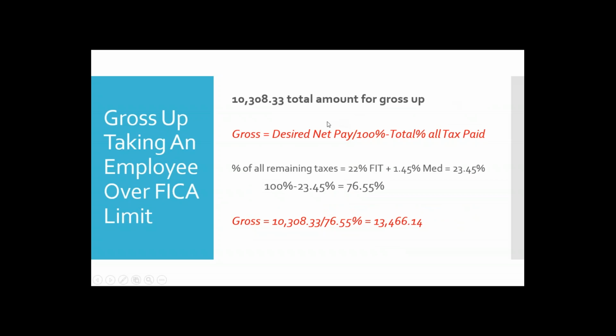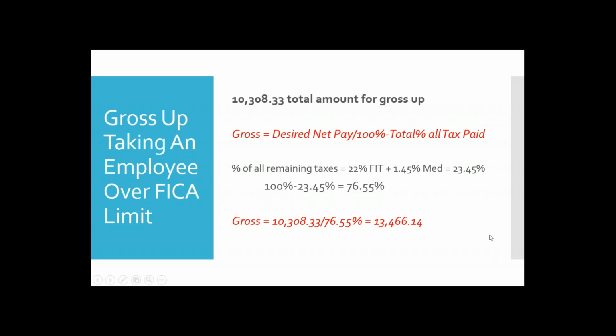Now we're going to apply that original IRS formula for gross up. Gross equals desired net pay divided by 100% minus the total percent of all taxes paid. The percent of all remaining taxes, because remember, we've already taken FICA into our calculation.